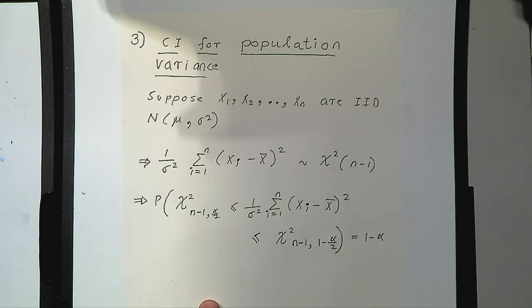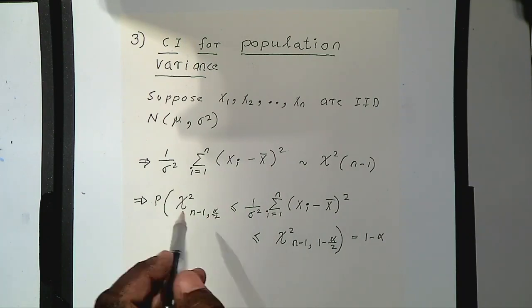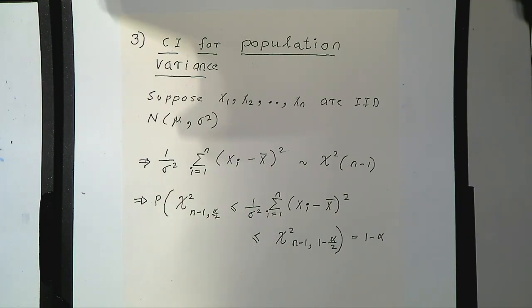Do you follow this? Because these 2 points are chosen such that the area between them is equal to 1 minus alpha. And since this has the chi-square distribution with n minus 1 degrees of freedom, the probability that this lies between these 2 points must be 1 minus alpha. Okay?